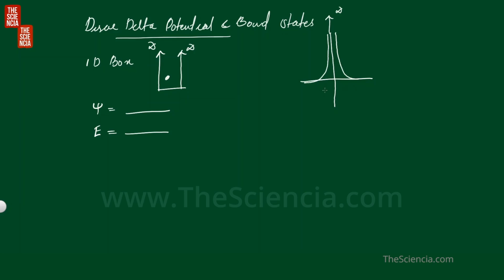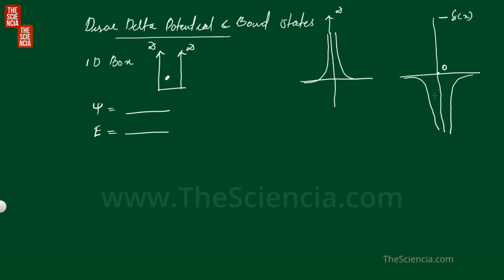But if this is the Dirac delta potential, then how can we trap the particle? So we can invert this Dirac delta potential, like this one. So this is now our Dirac delta potential, that is minus delta of x. We inverted this Dirac delta potential. Okay, so this position is 0.